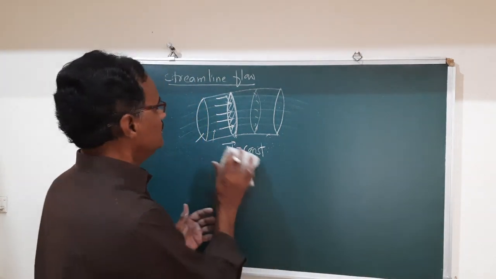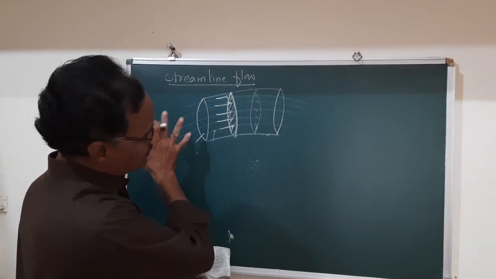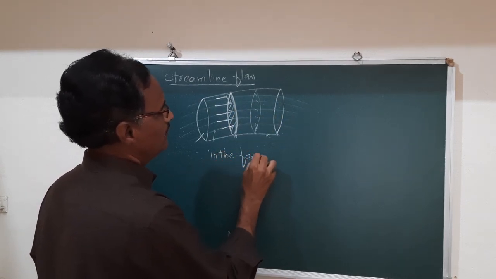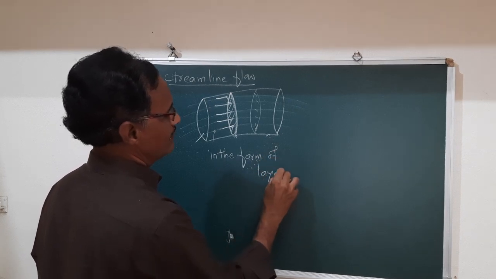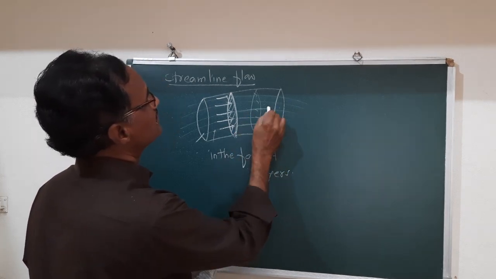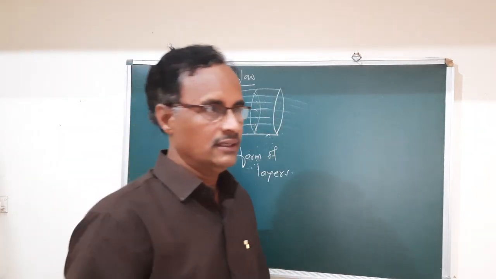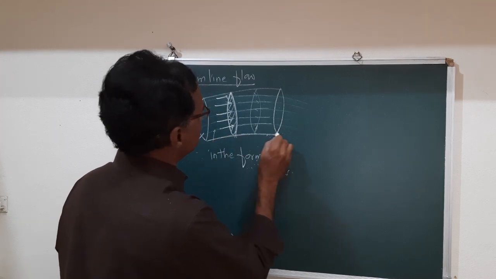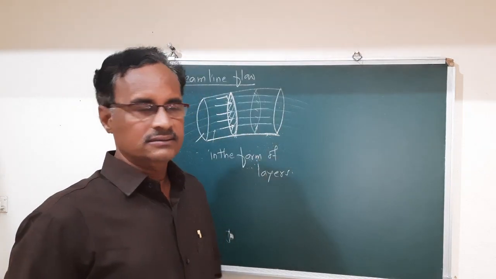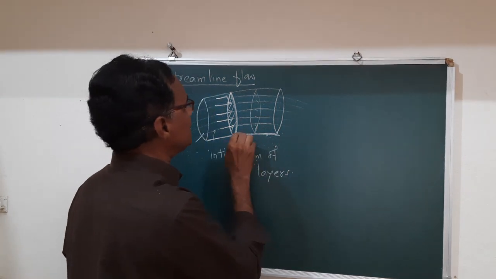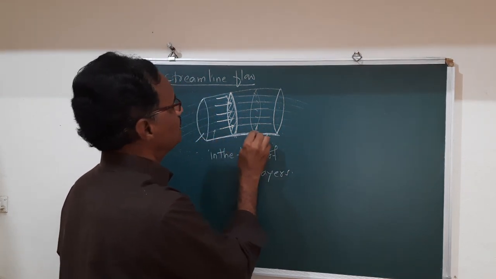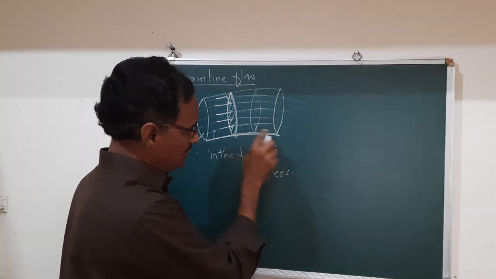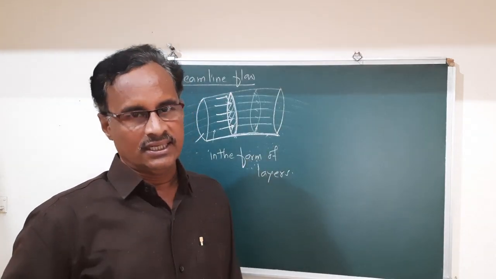Okay. Now again, if we see the flow of the fluid, it is in the form of layers. Now this is a layer, this is another layer, this layer, this layer, one above the other. And the layer which is along this surface is at rest. The flow of fluid along this layer or along this surface is at rest.